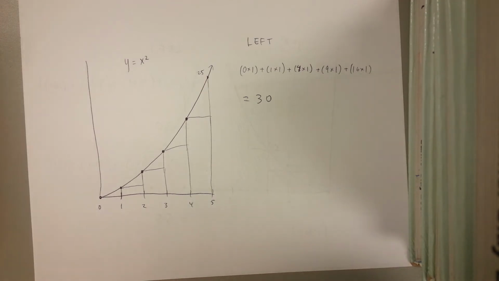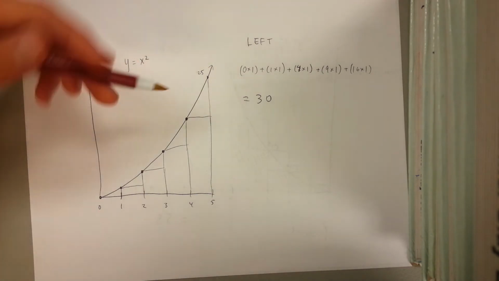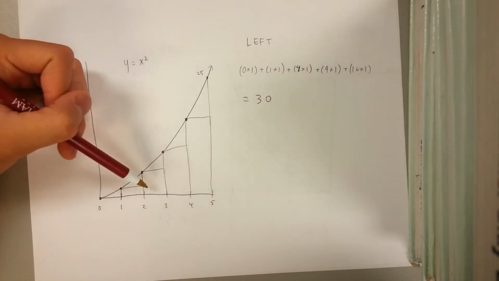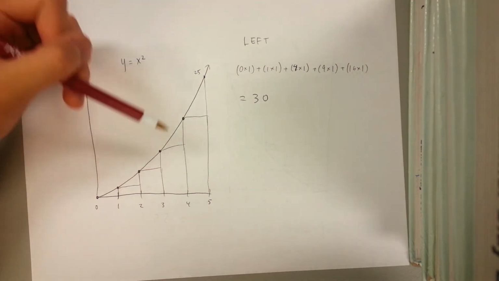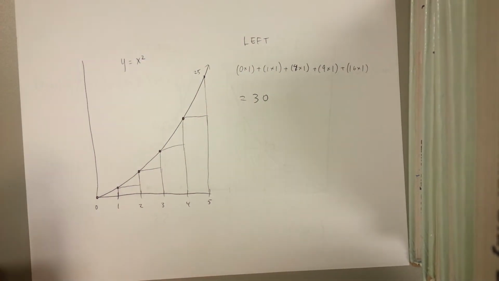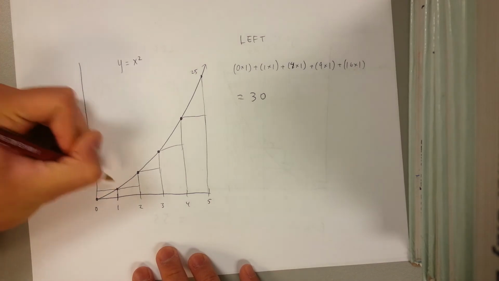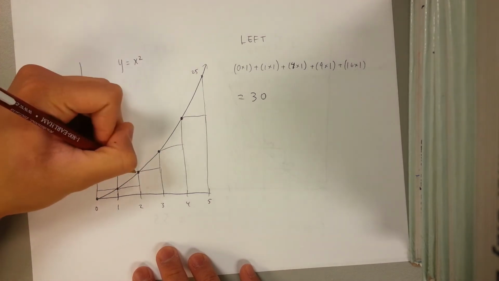So you find the area of each of the rectangles and you add them together. You have 0 times 1, 1 times 1, 4 times 1, 9 times 1, and 16 times 1. When you add these together, you get 30. The right Riemann sum is similar, except you use the right value for each interval.